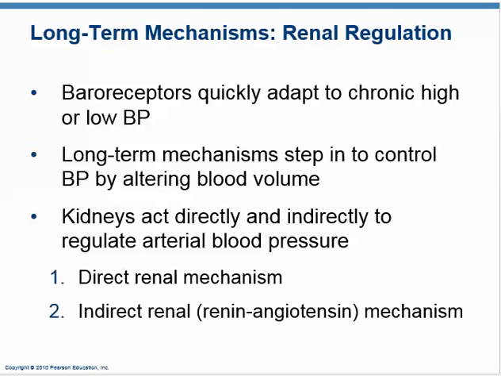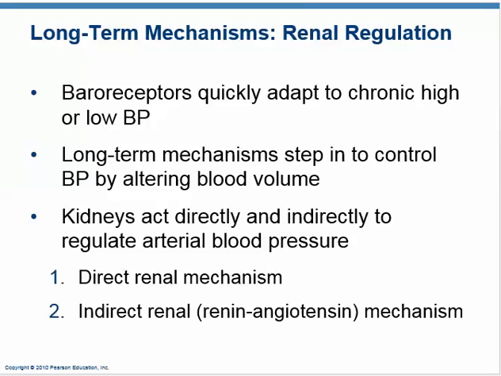Long-term regulation of blood pressure is really involved with anything that helps you find a homeostatic balance of your blood pressure, and it really is the kidneys that do it. The kidneys are the most important organ to blood pressure in the short term and in the long-term mechanisms.